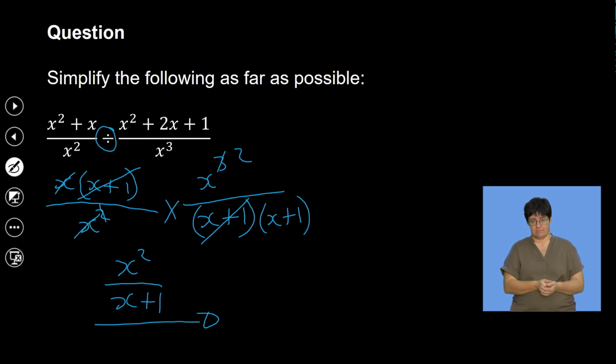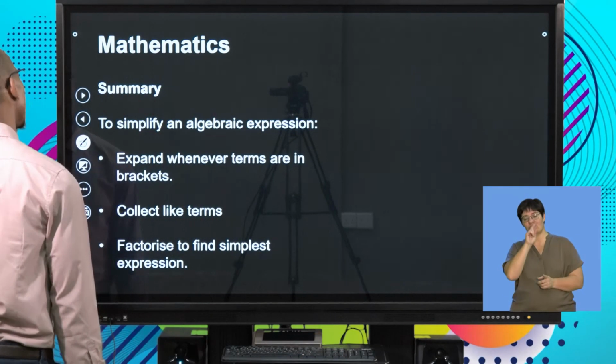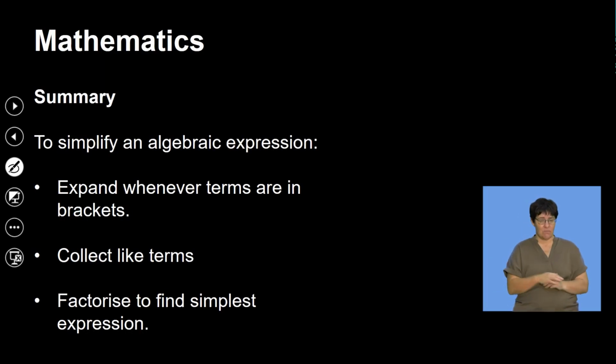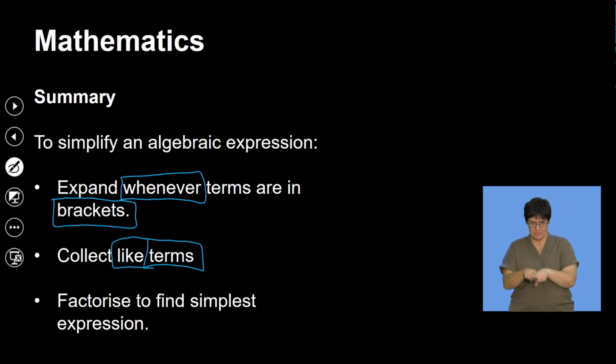The beauty of mathematics. Now, guys, what we've looked at so far, to simplify an algebraic expression, you need to expand whenever the terms are in brackets. Also, try to collect your like terms, and then factorize to find the simplest expression, right?